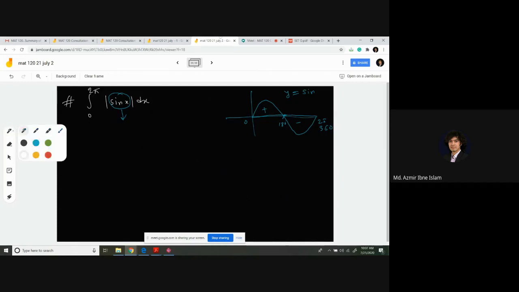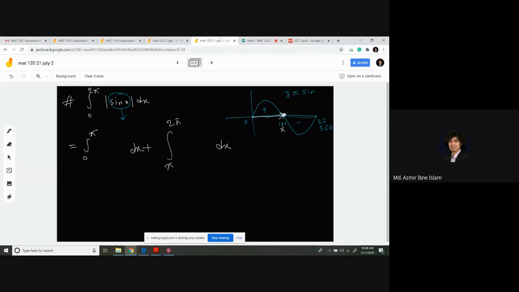That means this integral will be subdivided from 0 to, what is the value of 180 degree in radian? It is pi, right? Yes, sir. So we are coming from 0 to pi once. Just to get the total area, we have to add 180 degree to 360, that means pi to 2 pi dx.